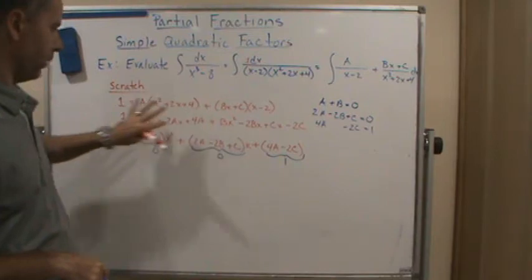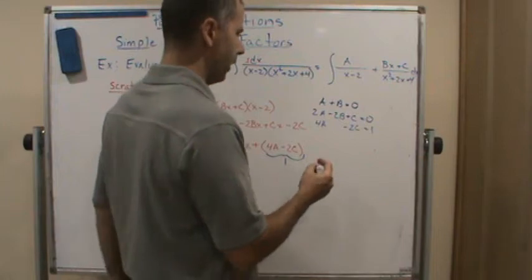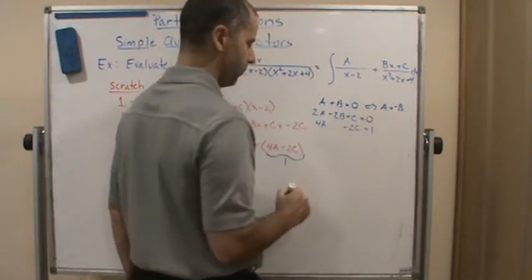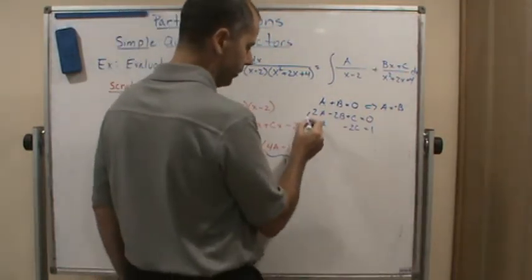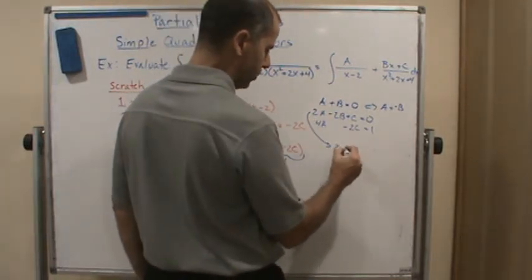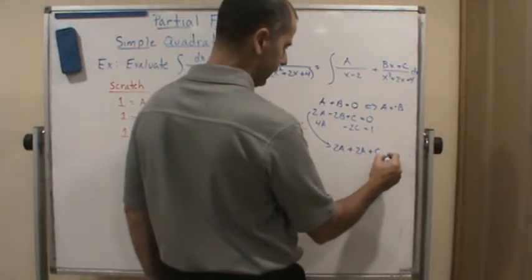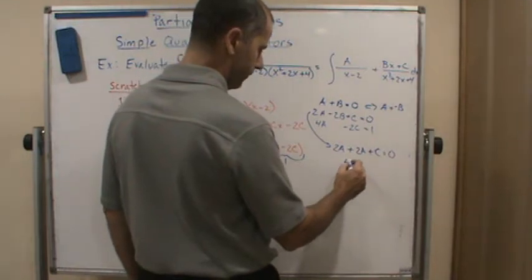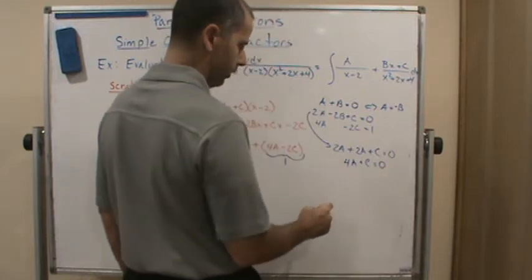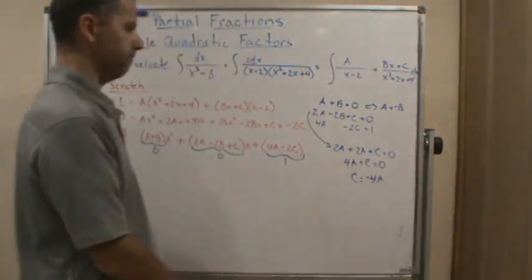Well, now I can ignore this. I don't need this anymore because this is what I was getting to. So now this tells me that A equals negative B. Then if I use that information with the second equation, I get 2A plus 2A plus C equals 0, which means 4A plus C equals 0, which means C equals negative 4A.